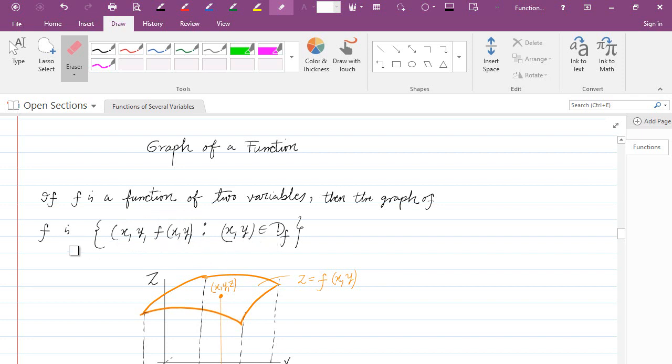In fact, one can think of a function as a collection of ordered triples where the third coordinate is the value of the function at the input (x,y).